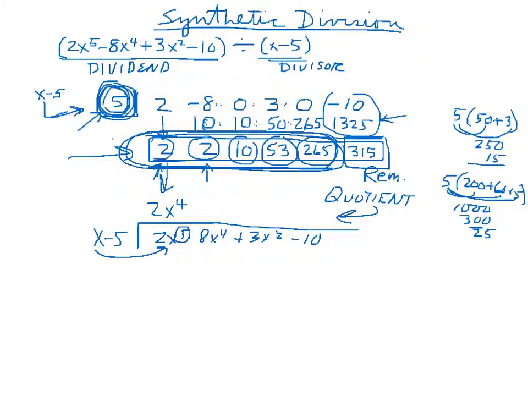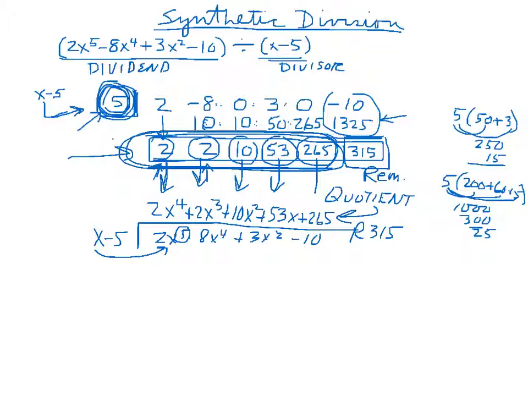So 2x to the 4th plus 2x to the 3rd. The 10 is plus 10x squared. The 53 is plus 53x, and the 265 is plus 265, with a remainder of 1,315.